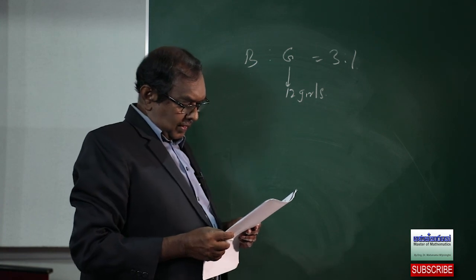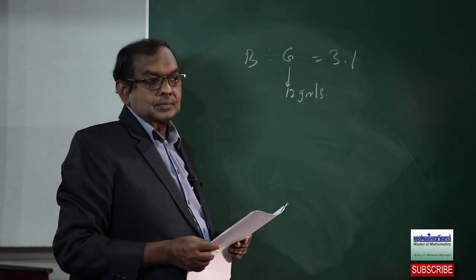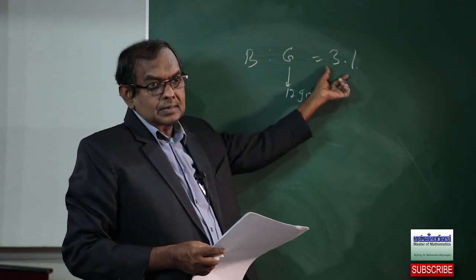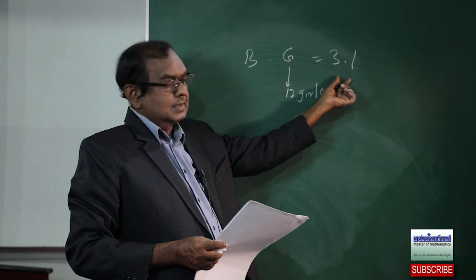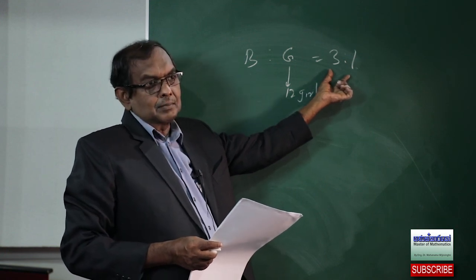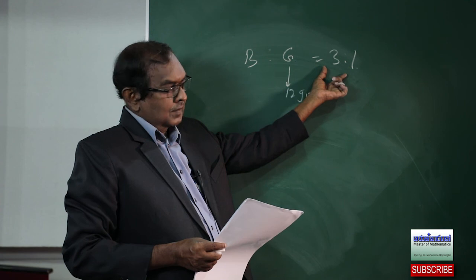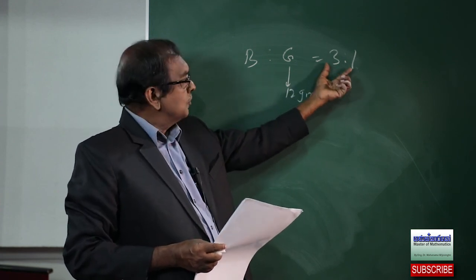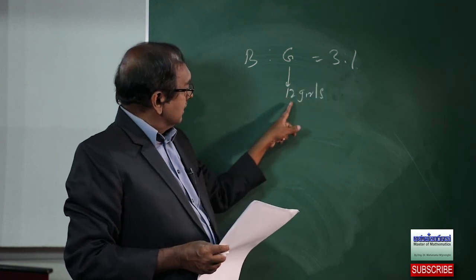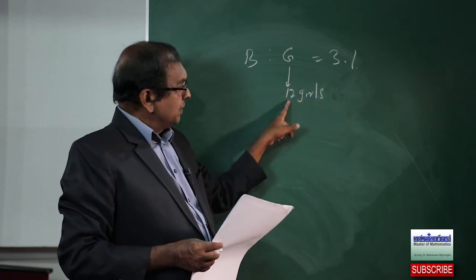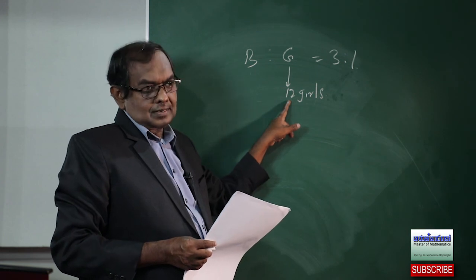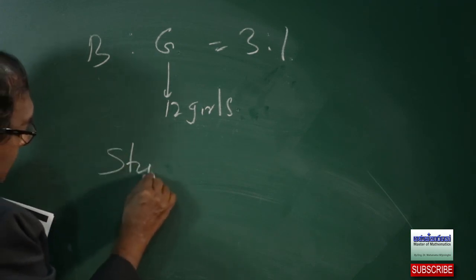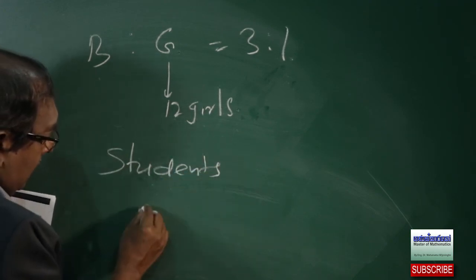The question is how many students? If there are 4 students, 3 boys and 1 girl, the total number of students is 4. If there is only one girl, there are 4 students in the class. Then it is mentioned that there are 12 girls. Then what is the total number of students in the class?